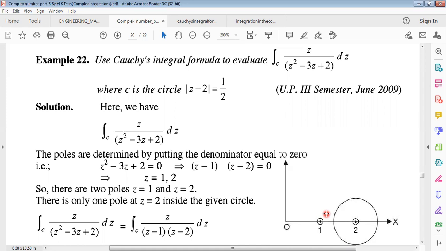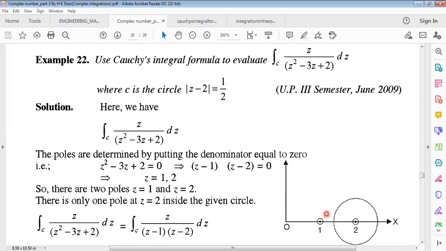So we can draw this is the real axis and this is the imaginary axis. For x equals 1 and x equals 2, taking the radius half, we can draw a circle with center 2. 2 is the center here. Another one is this pole z equals 1.